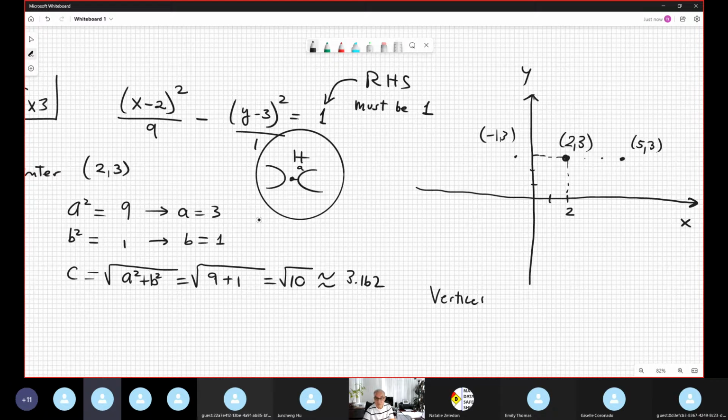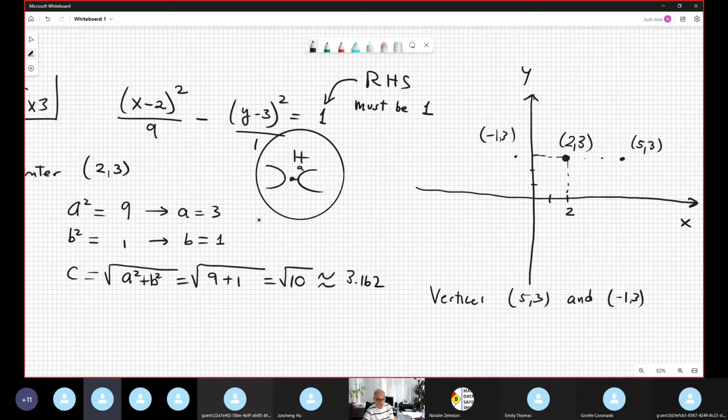Okay, I like that. So the vertices are (5,3) and (-1,3). Okay, cool.